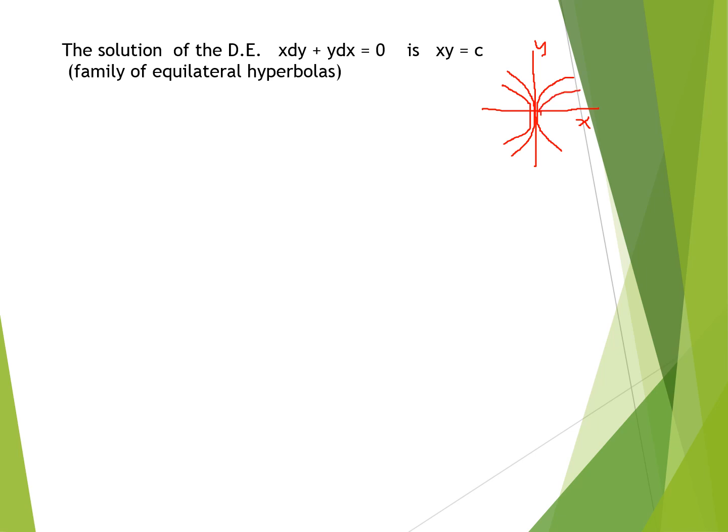So of course, it will always pass through the origin. Now, we get the derivatives of both x and y here. So this is xy is c. Get the derivative of a product.